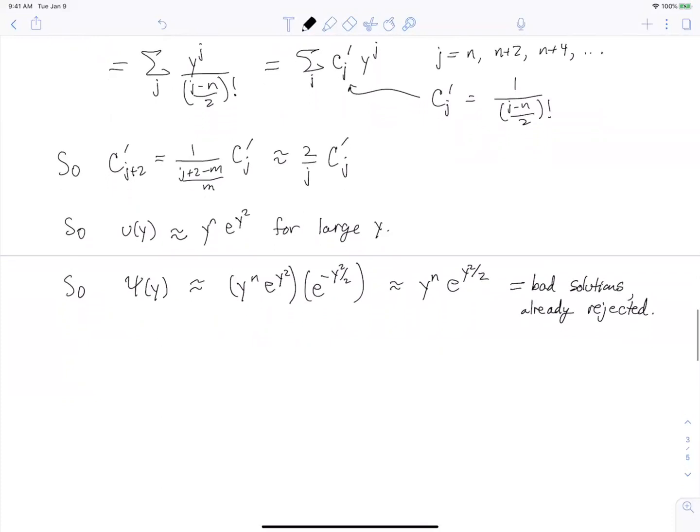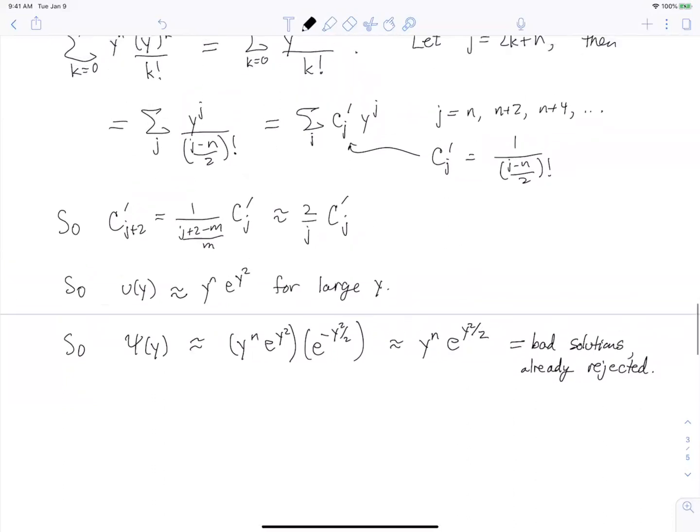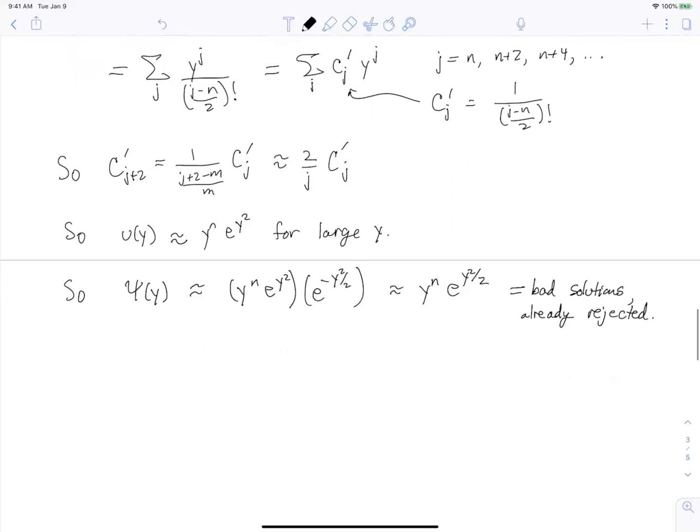Except there's one way out, and the one way out is what happens if you get to some value of the coefficient and it turns out the coefficient vanishes. If the coefficient vanishes, then all the higher coefficients will also vanish, and then you cannot have a function that grows exponentially, and everything will be okay again.